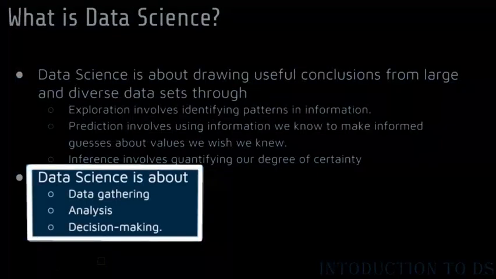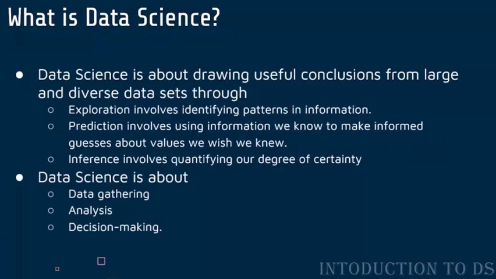Data science is about data gathering, analyzing, and decision making. This is a very simple way to put it. The main thing is data gathering, which is vital, since data is being generated every day. We'll see that later on.